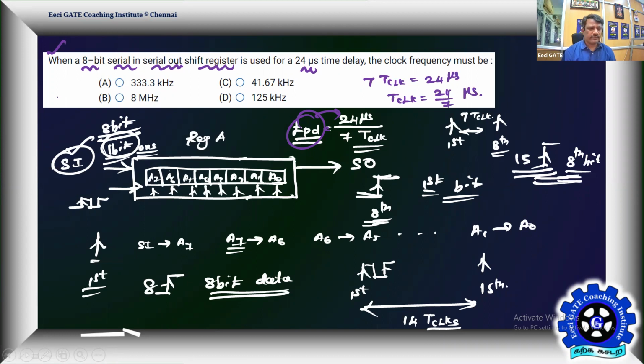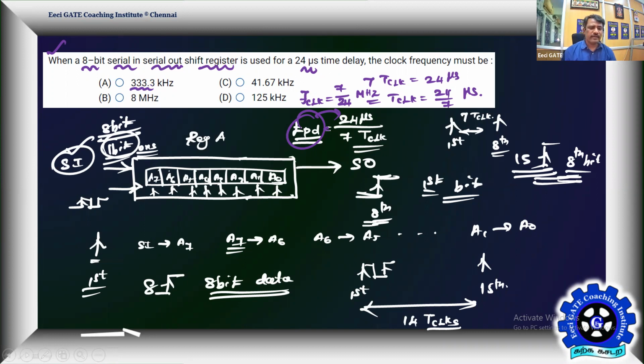Then I will go for the frequency. F clock is equal to 7 by 24 megahertz. If it were 8, it would be 1 by 3 megahertz. We can say 1 by 3, and that can be the easy option.